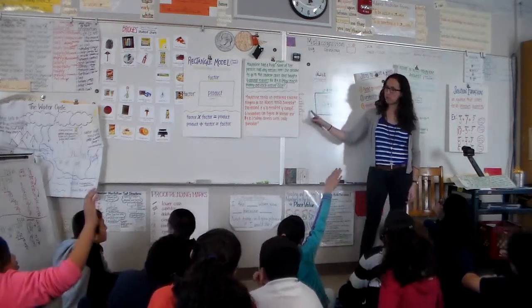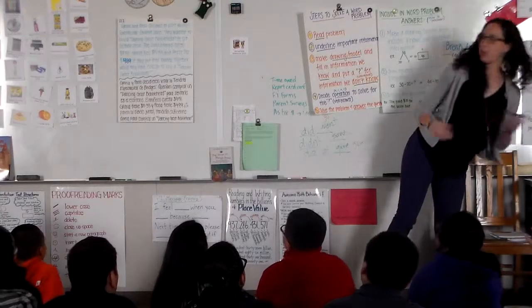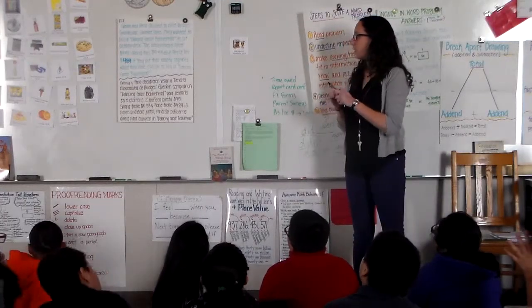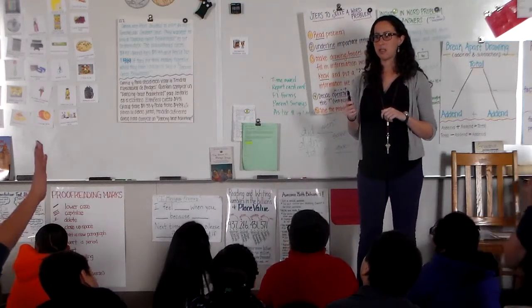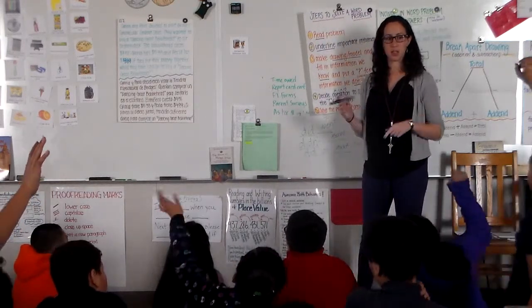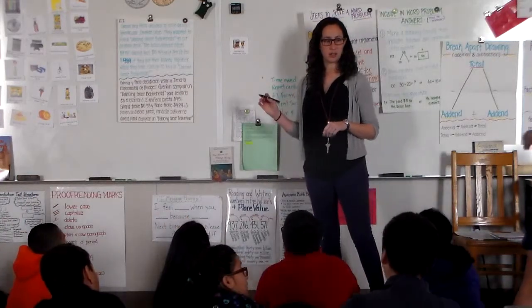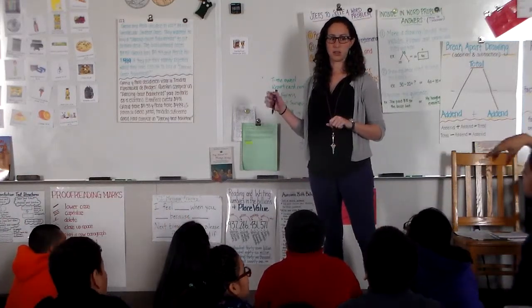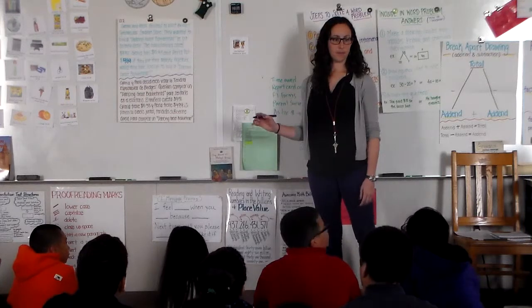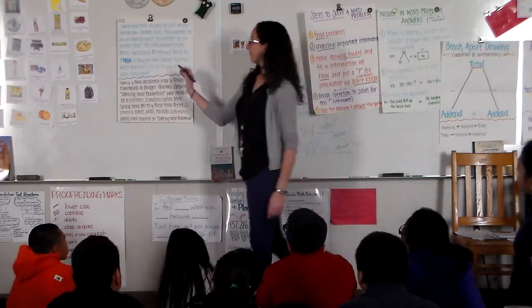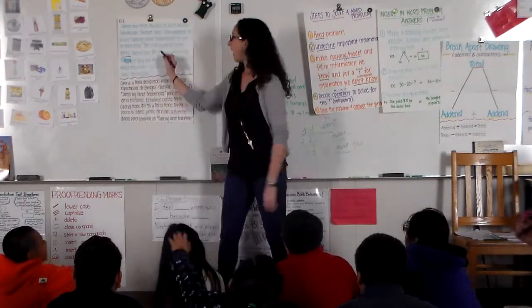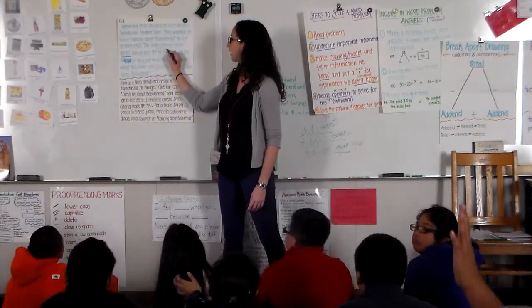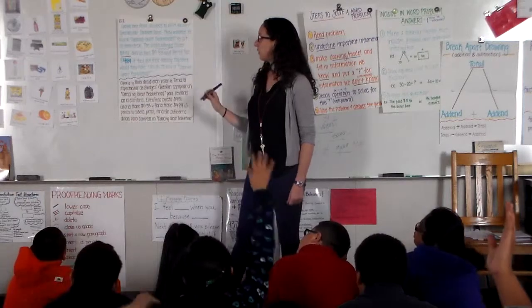What do we think we should put here then? Before we start figuring out what operation we want to use, let's go ahead and underline the important information. What's some of the important information? Miranda. Right, so the bobblehead costs $9.51.